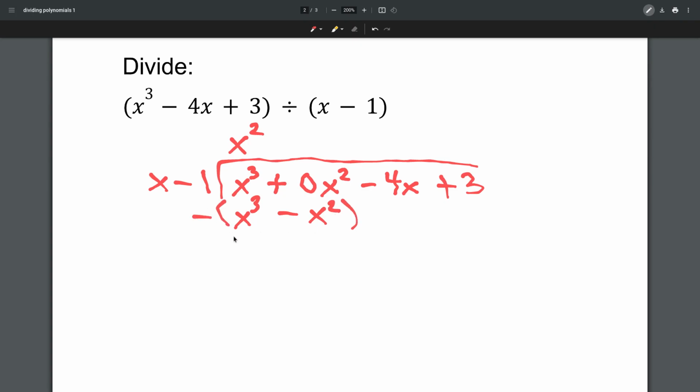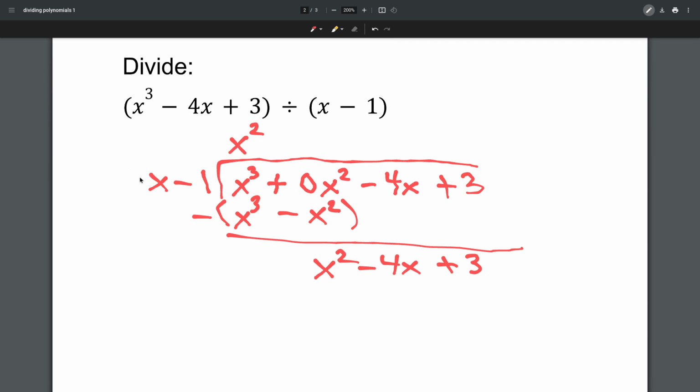I'm going to subtract this off here. And this is just x cubed minus x cubed is 0, but 0x squared minus a negative 1x squared is a positive 1x squared. And then we have minus 4x plus 3.